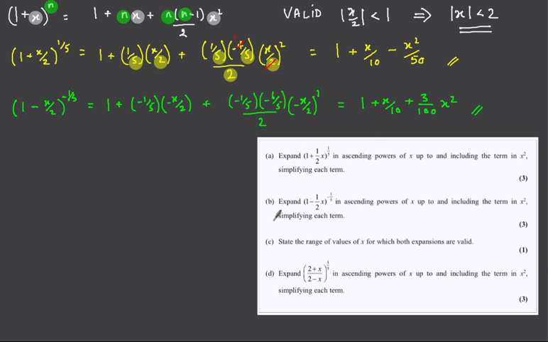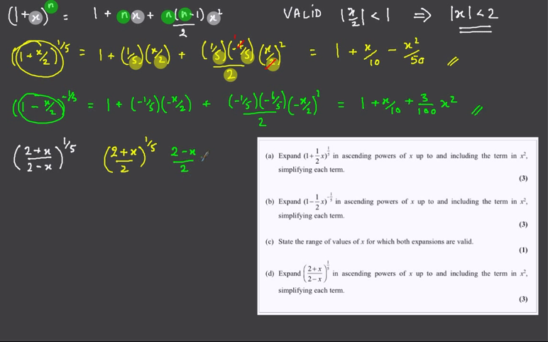And what do we have to finish off? We've got to try and expand this thing. And you would be right in thinking that it's got a lot to do with these first 2. If we create single fractions out of these things here, we will have 2 plus x over 2 to the power 1/5. And in the green one, single fraction, 2 minus x over 2 to the power minus 1/5.